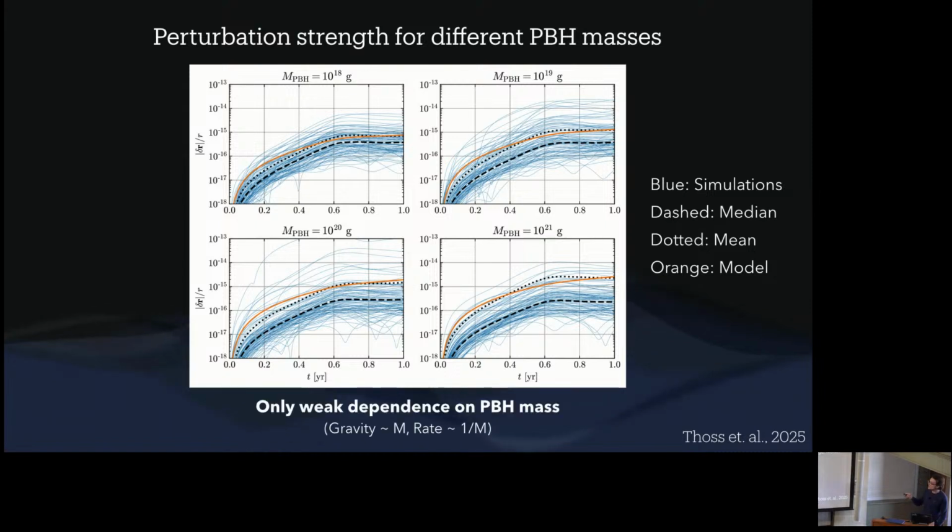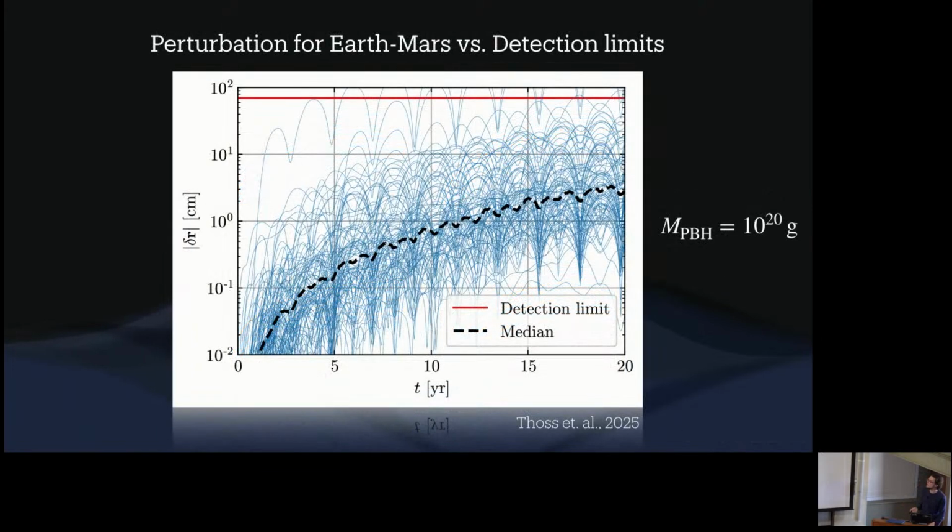So then focusing on a 10 to the 20 gram PBH scenario, we ran a few thousand simulations over a time span of 20 years. That's roughly the time for which we have precise data for Earth-Mars distances because we had the orbiters for that time. And the result is you get a median displacement on the order of a couple of centimeters, which is just about an order of magnitude shy of the observational accuracy that we have.